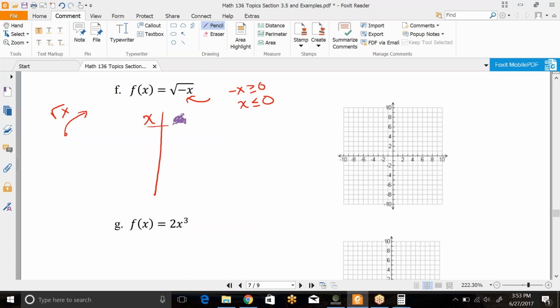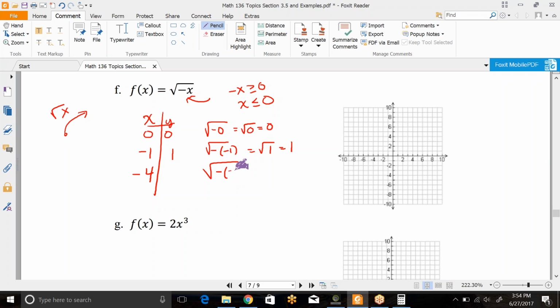So we're going to start our table with 0, and then I'm going to pick -1 and -4 because they're perfect squares and the negatives will cancel each other out. So this is square root of -0, which is just square root of 0, which is 0. This is square root of -1, which is square root of 1.